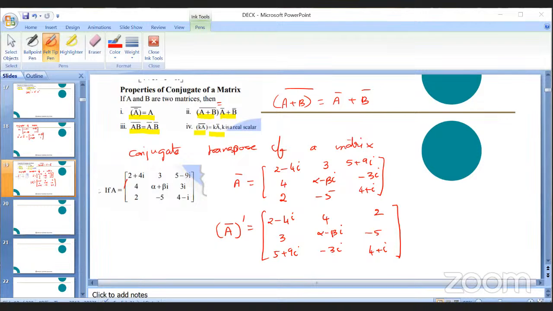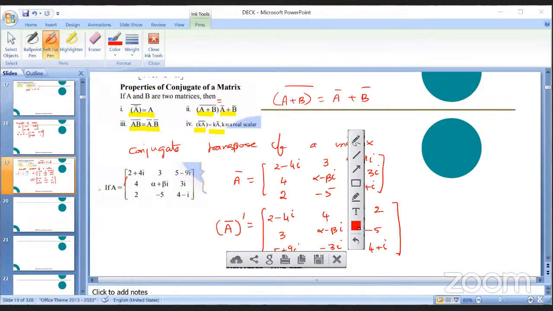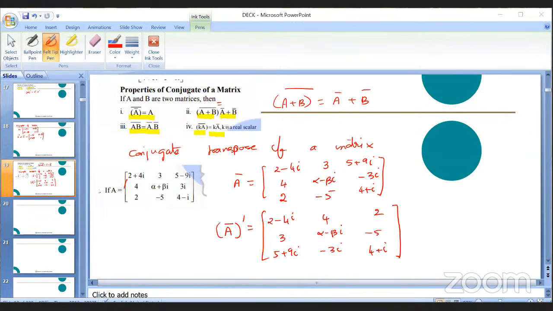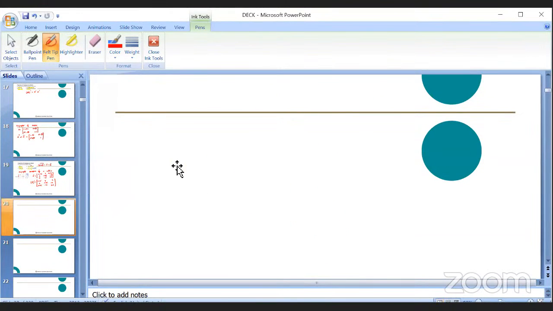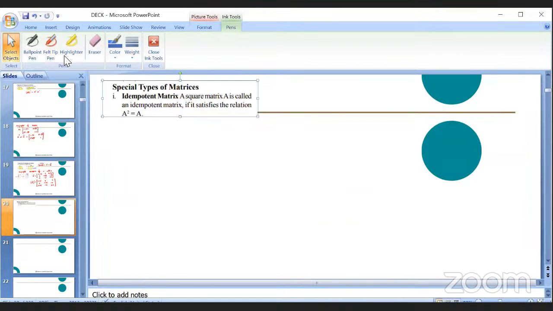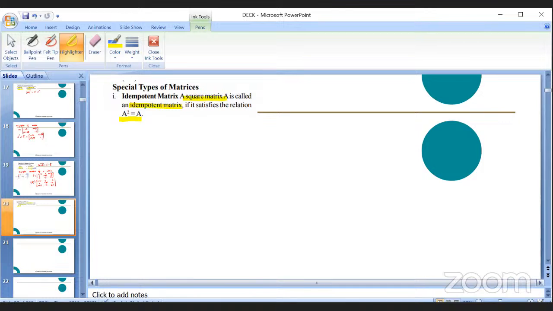Now there are some special types of matrices. Already we have learned types of matrices. Now some special types of matrices. Among them, the first one is idempotent. If A square and A are same, then the square matrix A is called idempotent matrix. That is one type of matrix.